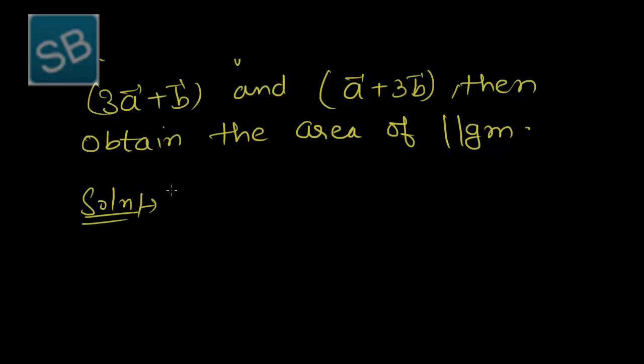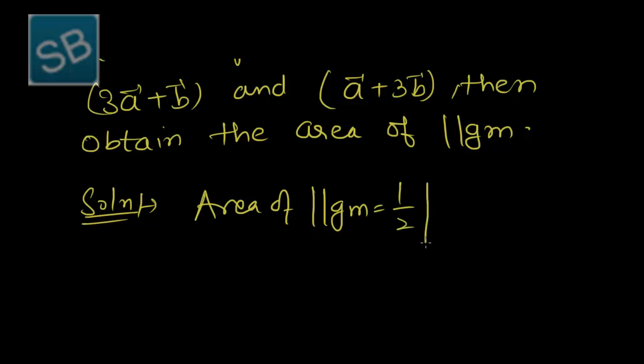So we have the diagonals here, and we know that if we have diagonals, then the area of a parallelogram is half the product of the two diagonals. So the area of a parallelogram is equal to half the cross product of the two vectors, 3A + B and A + 3B.